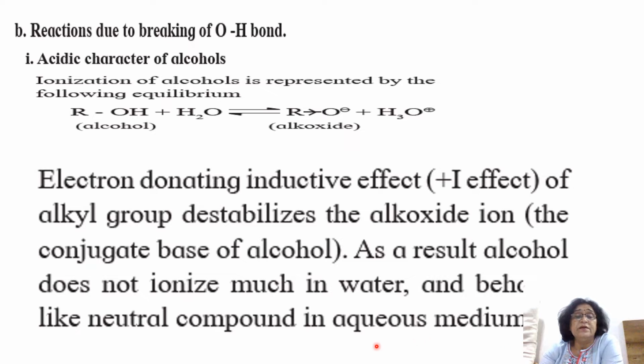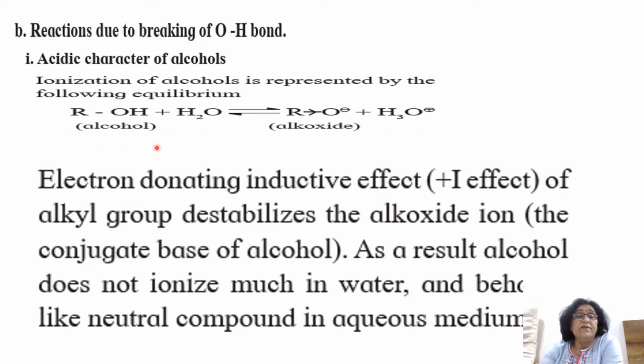As a result, it does not ionize much in water and therefore it behaves like a neutral compound in aqueous medium. Clear? So here you see when alcohol reacts with water, it gives out H plus ions and forms alkoxide ion, and H plus ions combine with H2O to give you H3O plus. So this is actually the Lowry-Bronsted theory of proton donation and proton acceptance.